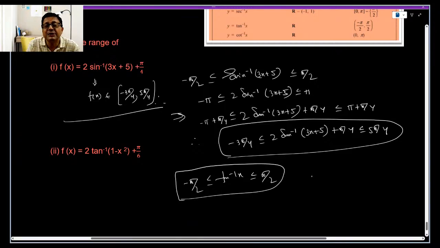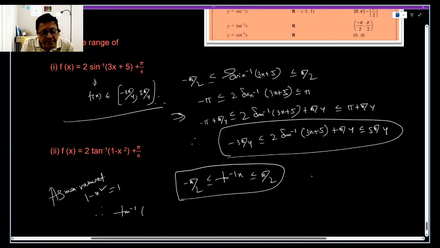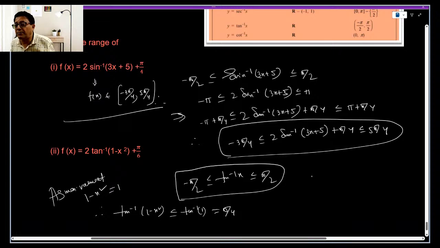Start this way: the maximum value of 1 minus x square is equal to 1. Therefore, tan inverse of 1 minus x square is less than or equal to tan inverse 1, which is equal to pi by 4. We are sure about it.